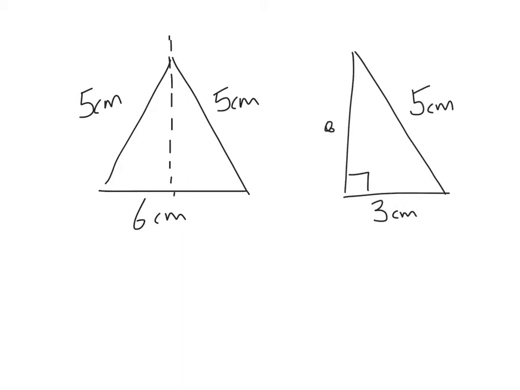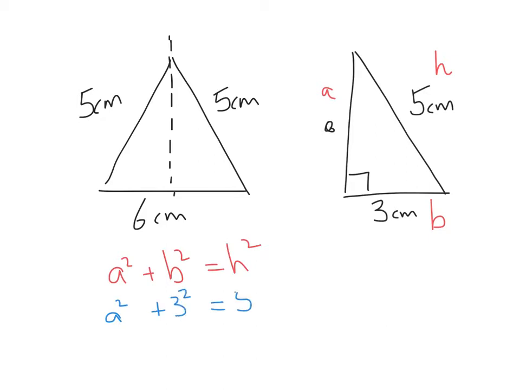And to find the missing length of a right angle triangle, we just use Pythagoras. So this would be the h, we can call this a, and we can call that b. So we would know a squared plus b squared equals h squared. So we put our values in, a squared is still the same, plus 3 squared equals 5 squared.